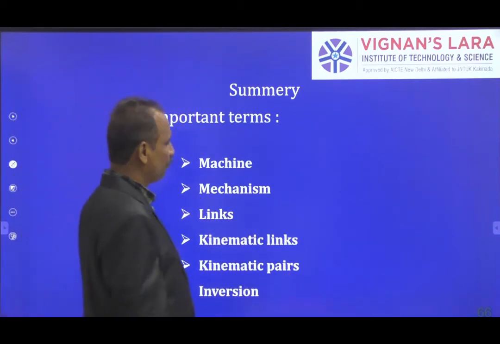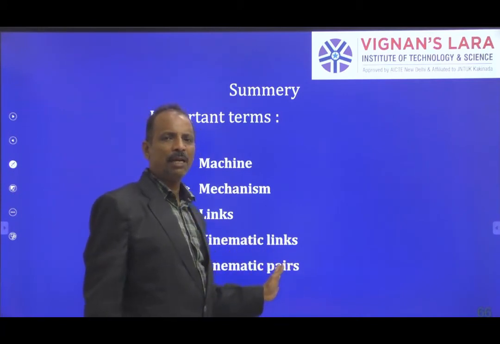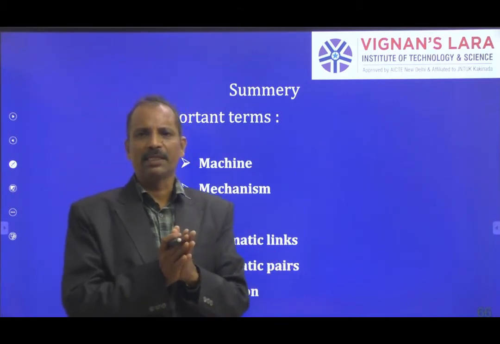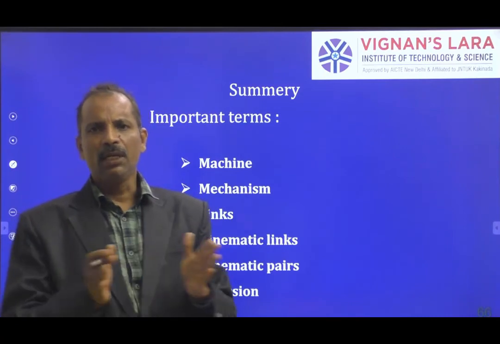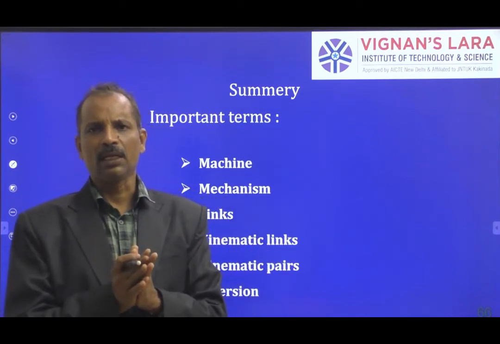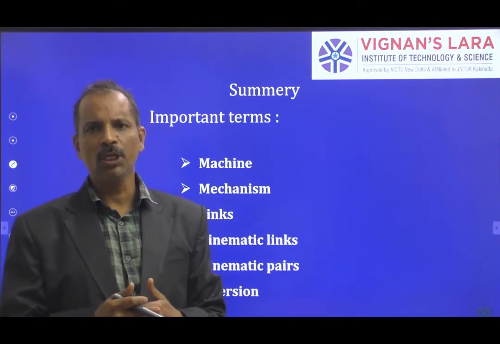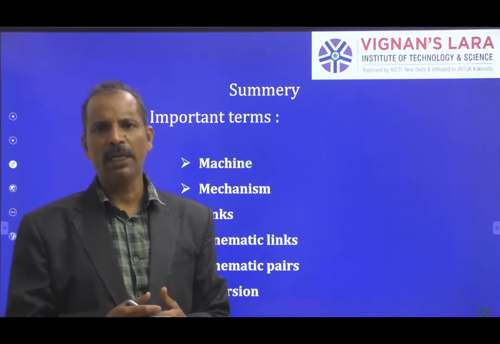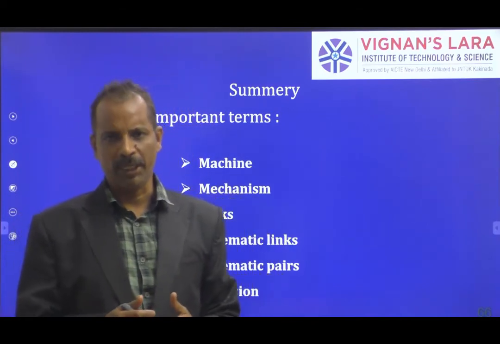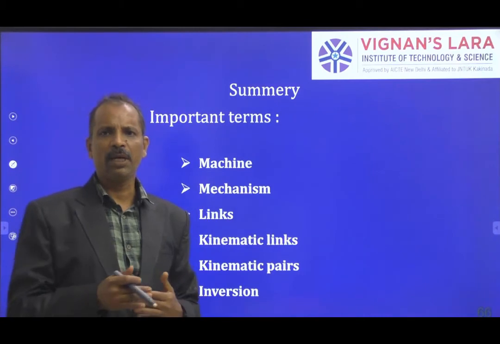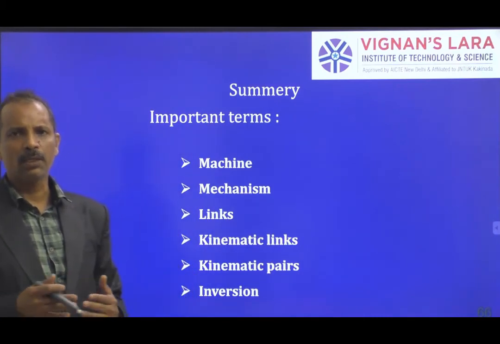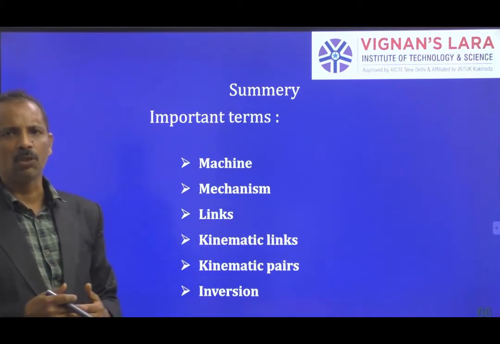Then pairs. We have seen the kinematic pair, joining two links. We distinguished them based upon their relative motion, type of contact, and how they are held. Sliding pair, turning pair or rotary pair, and screw pair are based upon relative motion.